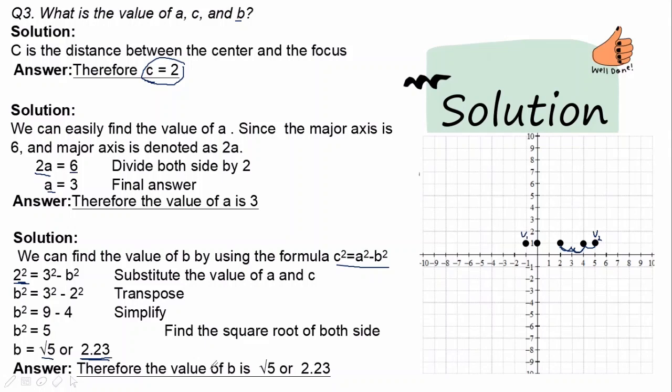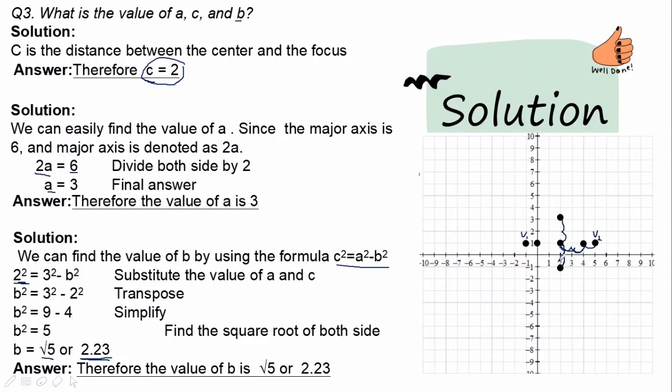So using the value of b, we can also plot now our covertices. So our b here is 2.23. So we will count 2.23 units going upward and going down. Okay, so 1, 2, and 0.23. So approximately the point is here, and in the lower part we have 1, 2.23.